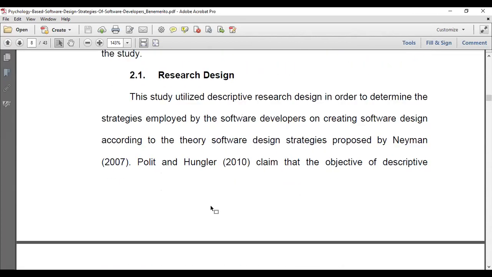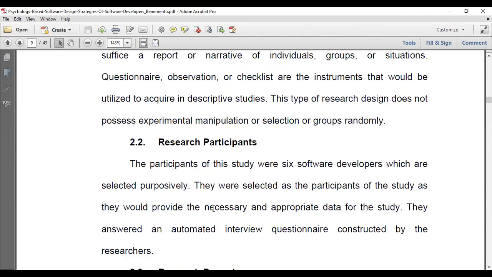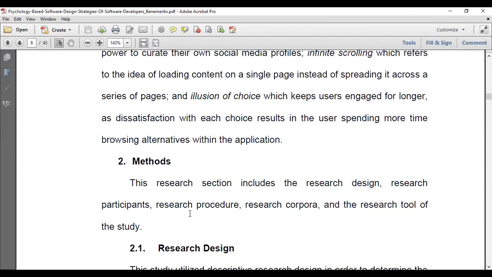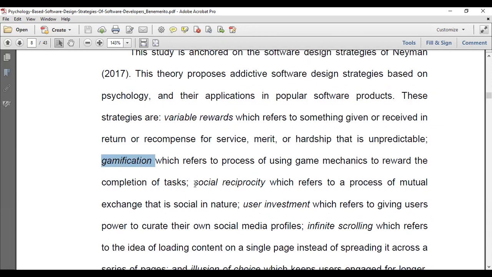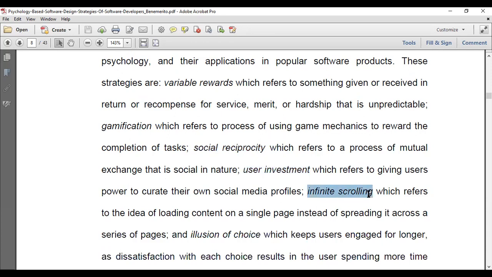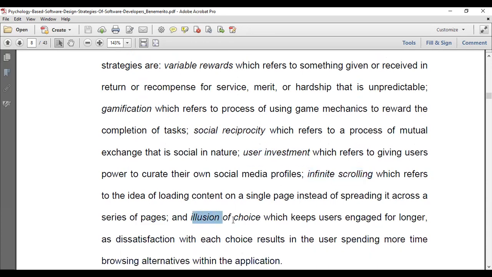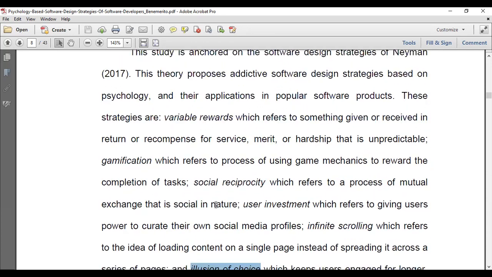Yung main theory niya or yung theory base is the software design strategies of Neiman 2017. He enumerated several software design strategies. Merong variable rewards, gamification, social reciprocity, user investment, infinite scrolling, illusion of choice, yun siya.